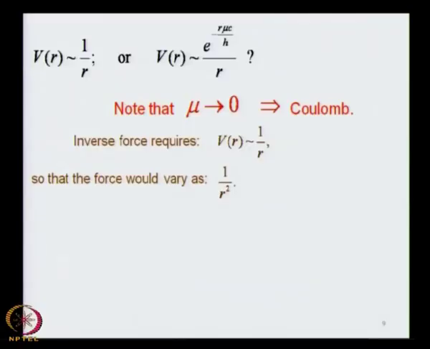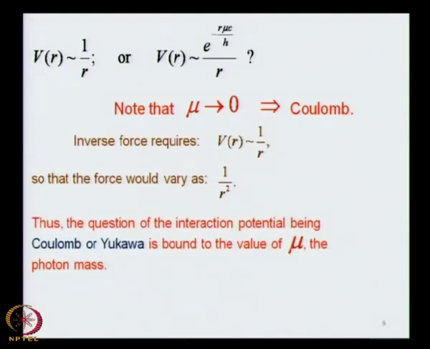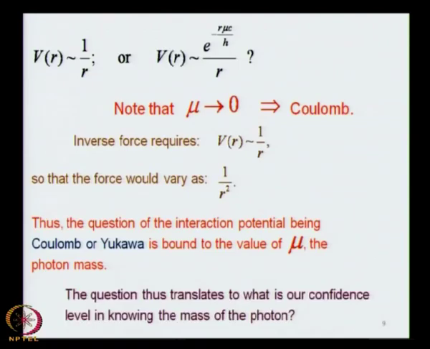So, this is the summary, that the inverse square force requires the potential to be 1 over r, and the mass of the photon now becomes a quantity of fundamental interest. And how accurately we know this is now connected with the potential being exactly the Coulomb potential that we call the 1 over r potential.